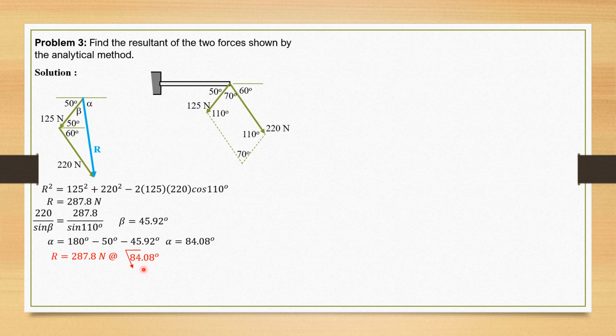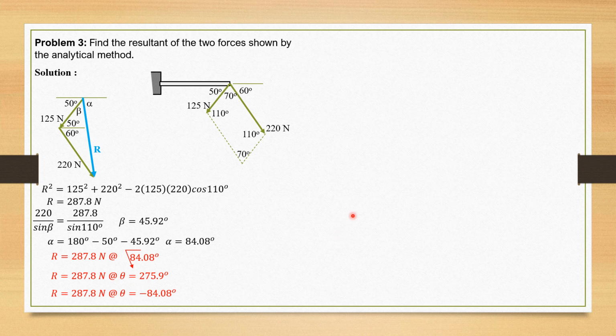The other way is R is 287.8 at theta equals 360 minus 84.08 degrees in standard form, counterclockwise, so 75.9 degrees. And the last way is R equals 287.8 newtons at theta equals negative 84.08 degrees, because clockwise from the positive x-axis is negative. So that's the proper way. Any one of these is a way of expressing the resultant, not only the magnitude but also its direction.